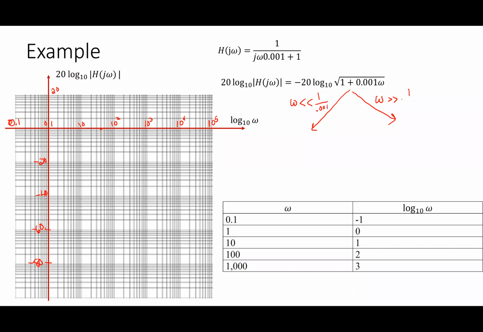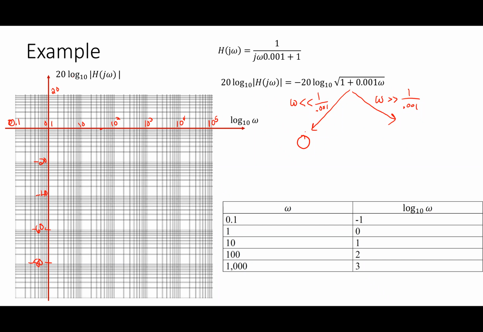So for frequencies much, much lower than that pole, what was the approximation we made? It's approximately 0. So where is 1 over 0.001 on my graph here?